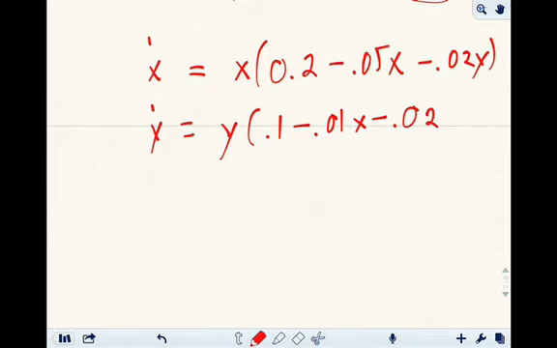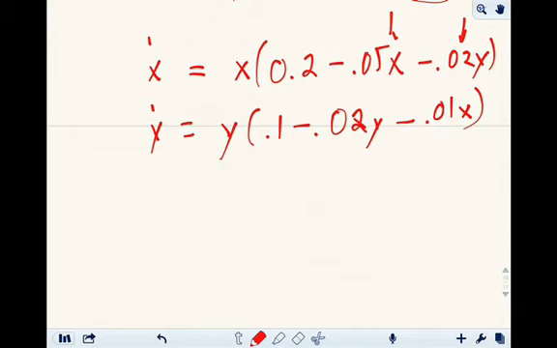Let me just rewrite that: Y times (0.1 minus 0.02 Y minus 0.01 X). That way we have it written with the first term being growth, the second term being density dependence, and the third term being the interspecies competition term for both equations.